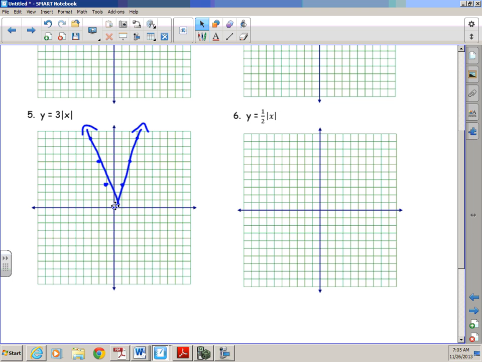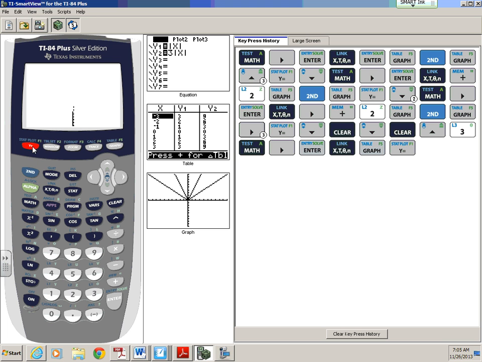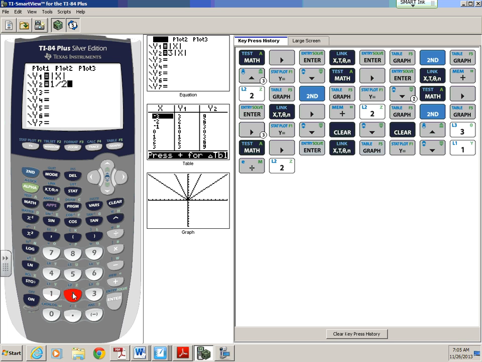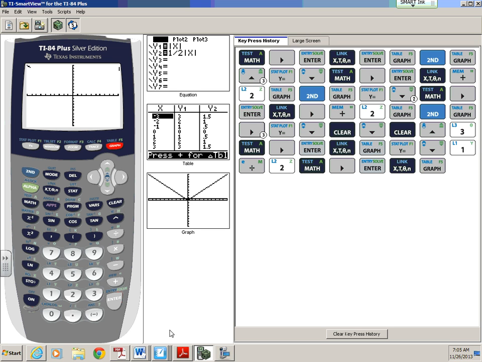contracted. Now I want to do y equals 1/2 the absolute value of x. So let's see what that does to our graph. So I'm going to go in, and what I'm going to do here is change the 3 to 1/2, so that's 1 divided by 2, math, absolute value, x, and now let's see what happens in our graph.